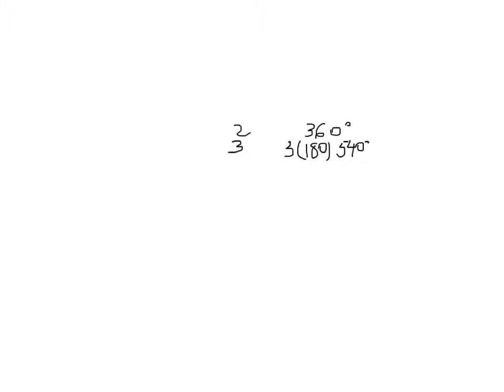Okay, so let's go in and fill the rest. The hexagon has 4 triangles inside, so the sum of its interior angles is 4 times 180, which is 720. And then a heptagon has 5 triangles, and 5 times 180.